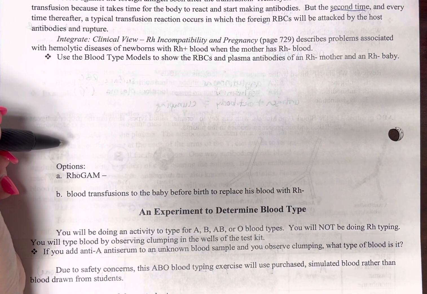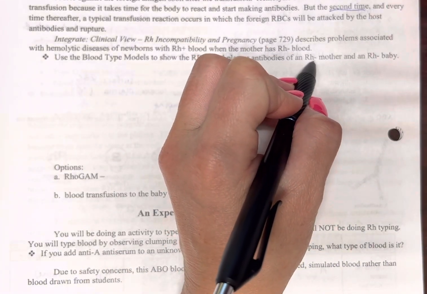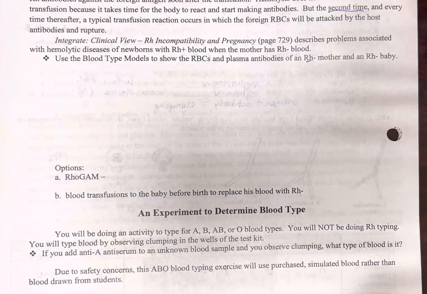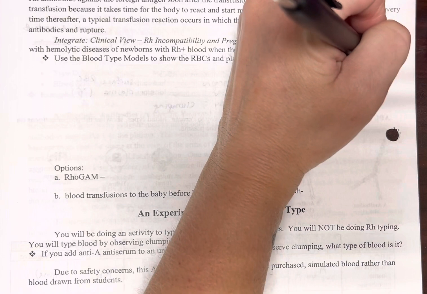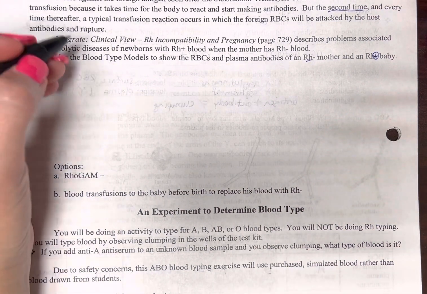But here in the US, we're going to deal with a situation with pregnancy. Okay, so the situation is a mom is Rh negative, but the baby is Rh positive. So that's incompatible. Now, for the most part, mom and baby's blood is separate, but not completely.